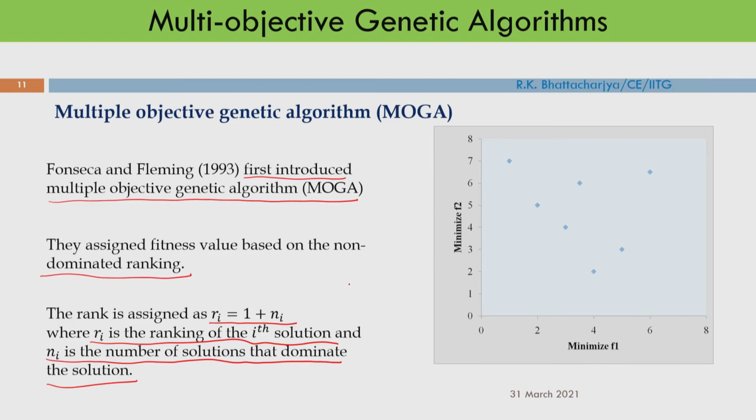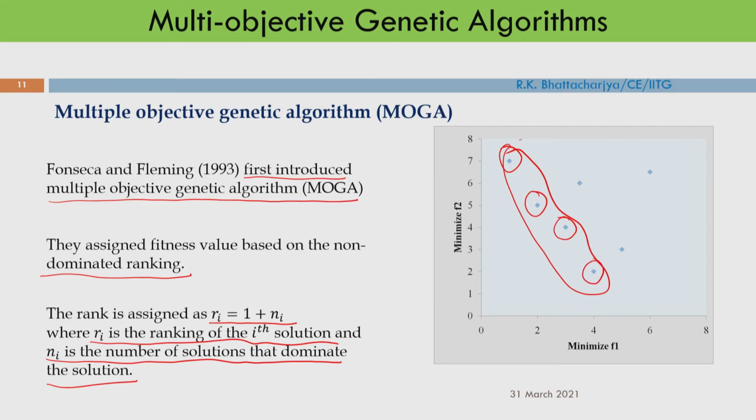So, let us see this example problem, and if you look at these solutions, they are non-dominated solutions. That means this solution is not dominated by any other solution, this solution is also not dominated by any other solution, this is also not dominated, this is also not dominated. Therefore, these solutions are non-dominated solutions.